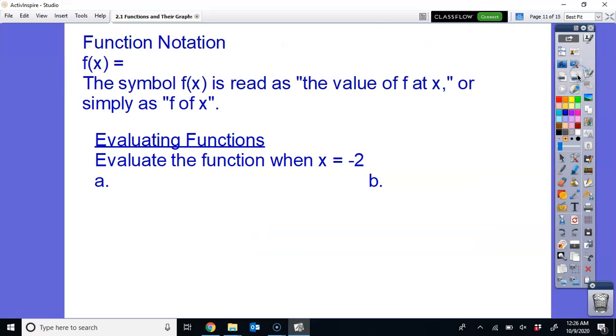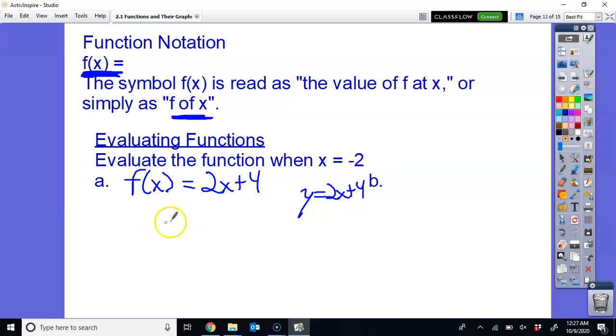A couple of other things that you need about functions. You'll see this symbol a couple times in this course. This symbol is read as f of x. That's how you say it. It's the value of a function at a specific value of x. But it's just kind of a fancy way to write y equals. Like if I had f of x equals 2x plus 4, that's the same thing as y equals 2x plus 4.